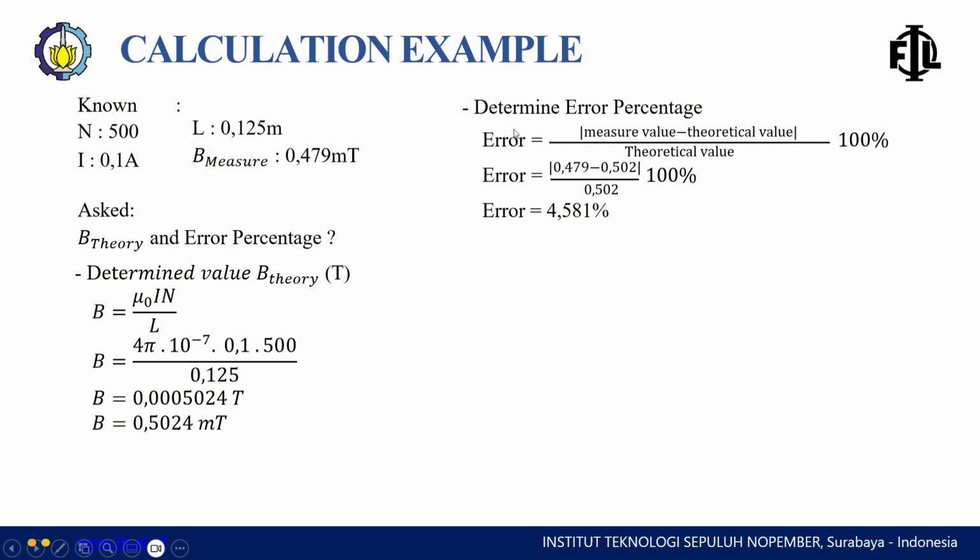To find error, subtract the measured value from the calculated value, divide by the calculated value, and multiply it by 100%. Here we have obtained an error value of 4.58%.